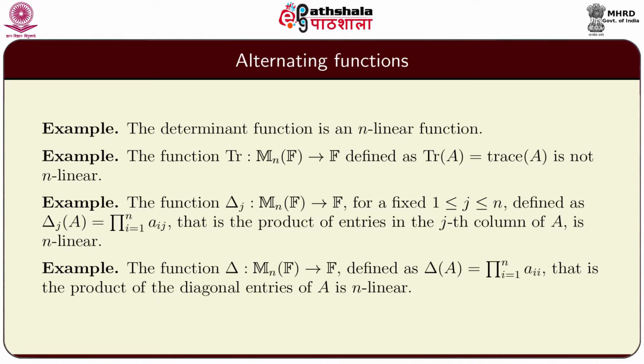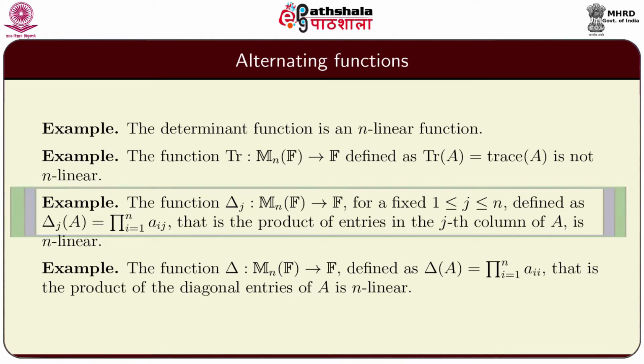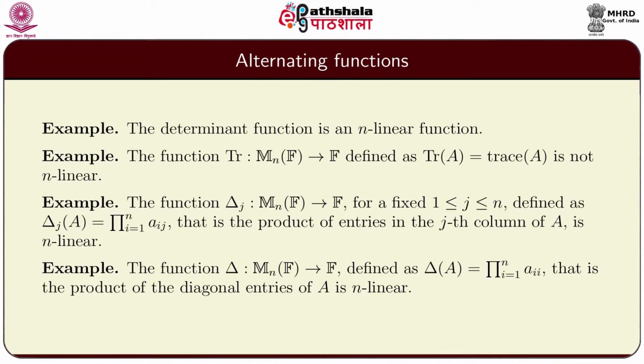Next example, let us define this function delta j from MnF to F for a fixed j in between 1 and n to be delta j of A is equal to product of Aij where i is running from 1 to n.